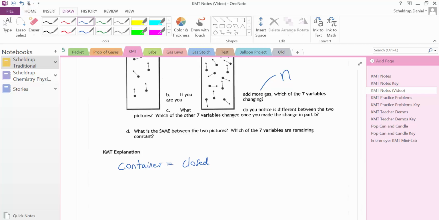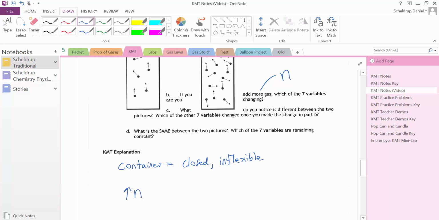Otherwise we assume that it's closed. No gas can get in or out. And a spray paint can is made of metal, so it's an inflexible container. So it's a closed, inflexible container. Then the first variable that I always like to write down is whichever one we're changing. In this case, it says you are adding more gas. So we're increasing the number of moles.